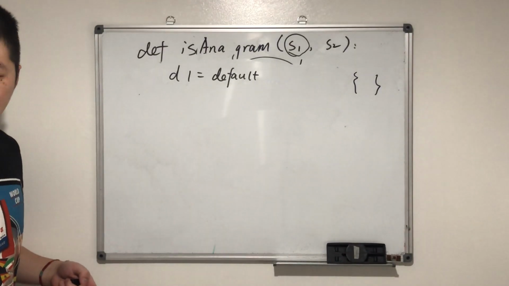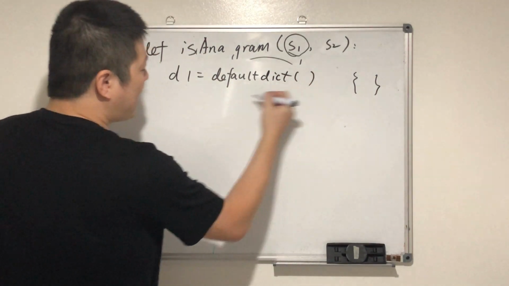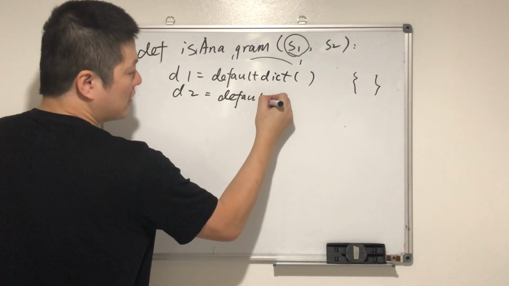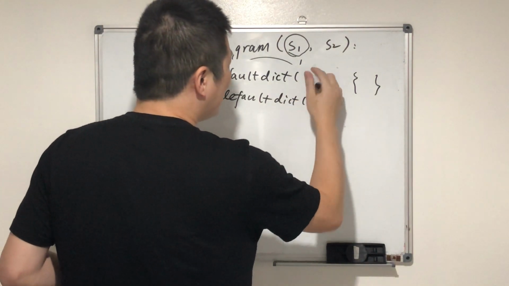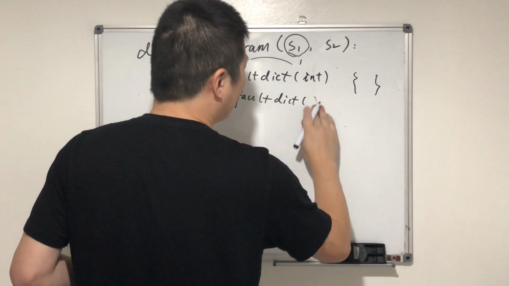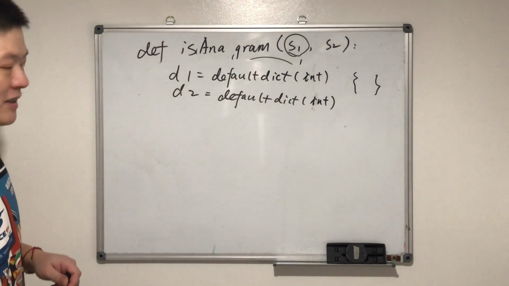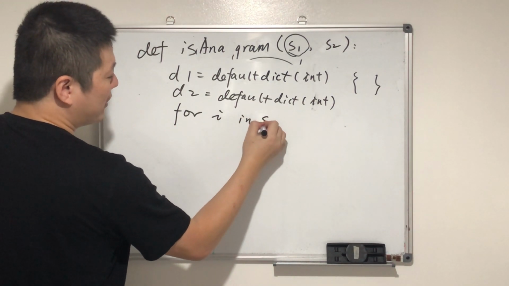Now, D1 equals defaultdict, and then another one, D2 equals defaultdict. So what can we do? For defaultdict, we give an integer, so this mapping will map into integers. Now we can do this. For i in S1, we iterate it.